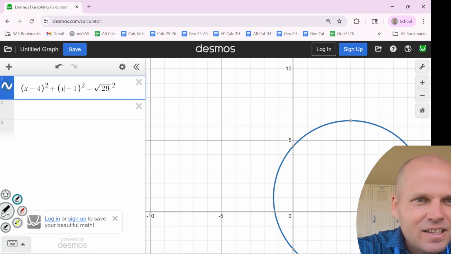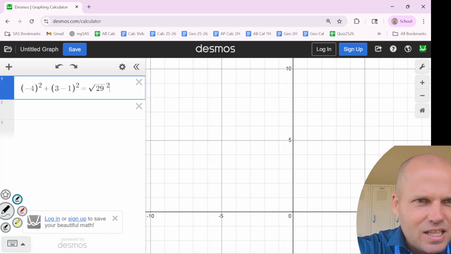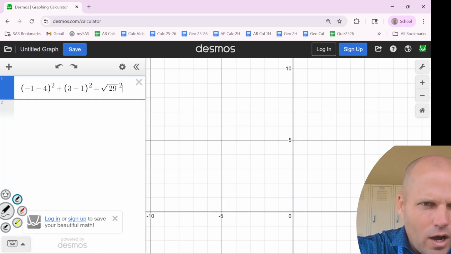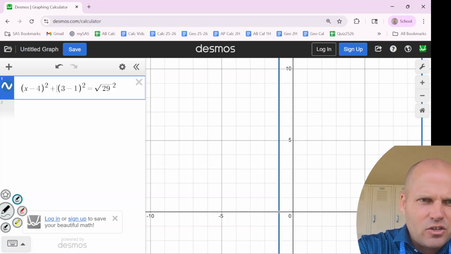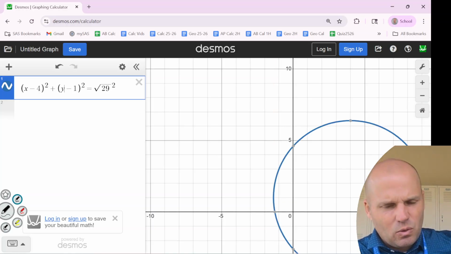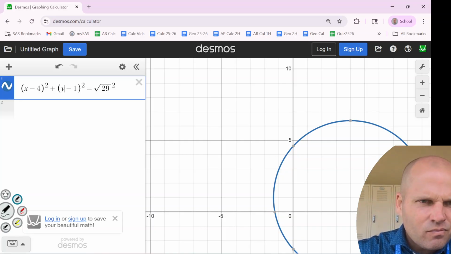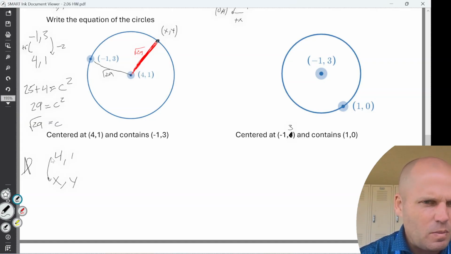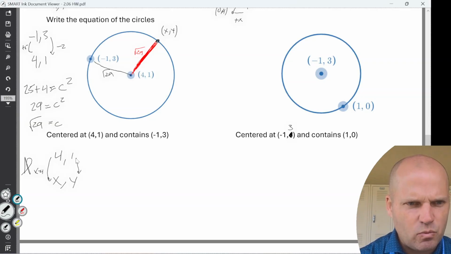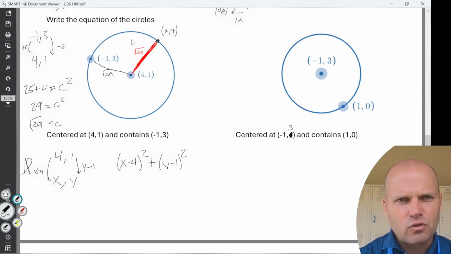So we change the negative 1 in our equation to our hypothetical x. We change our 3 in our equation to the hypothetical y. Or we understand that our displacement from 4 to x is x − 4. Our displacement or change from 1 to y is y − 1. And we have (x − 4)² + (y − 1)² = the radius squared.